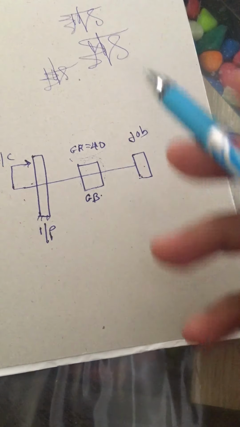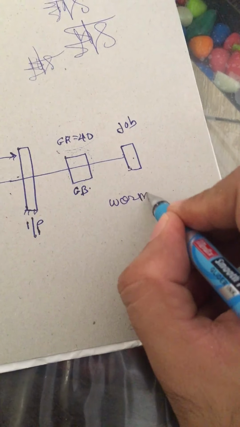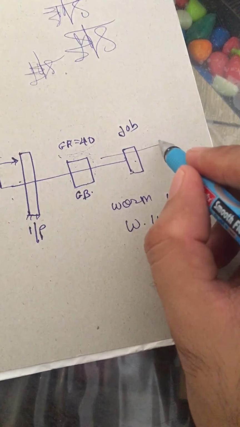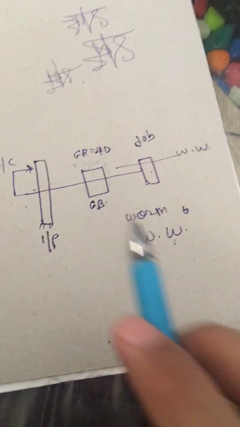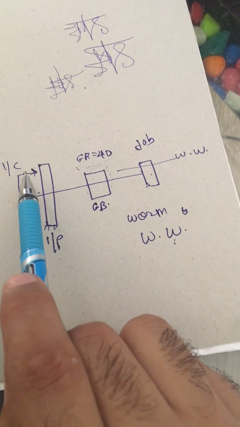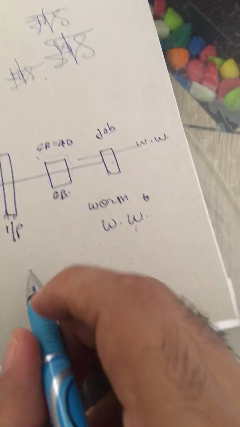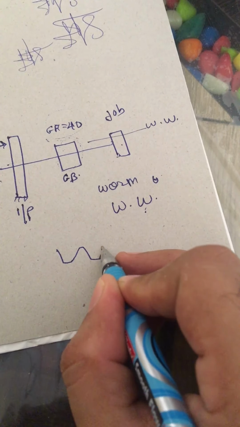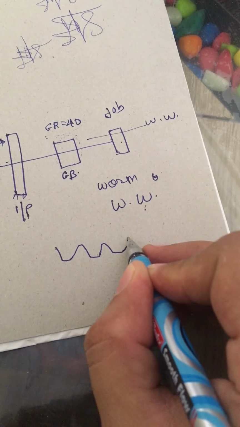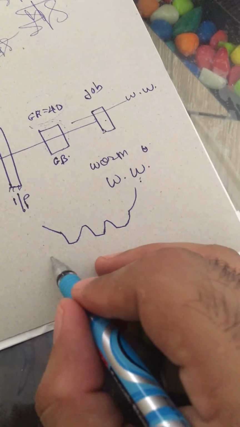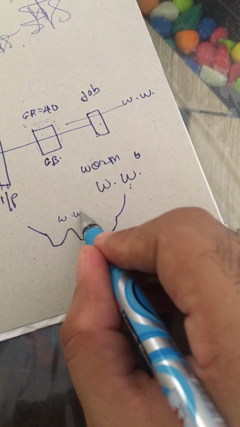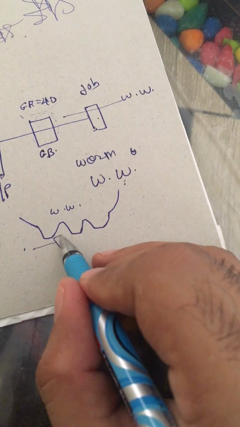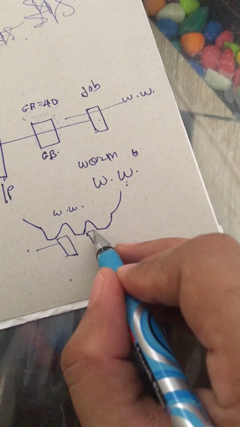This was done with the help of a worm and worm wheel. The worm wheel is the one which is connected to the job. Let us revisit the whole thing again, so that you do not get confused in understanding helical milling. This is the worm, and the worm wheel or worm gear.